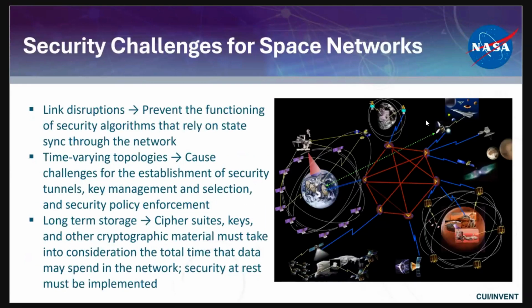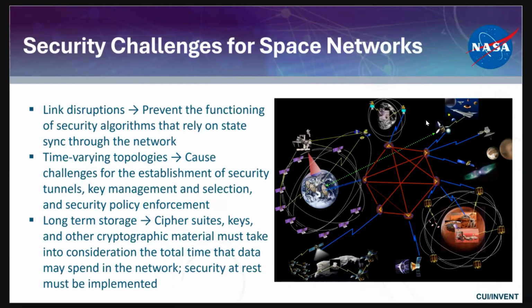This slide explains the main security challenges for these space networks. Link disruptions, when they partition the networks, prevent nodes in different partitions from synchronizing their information, and prevent the functioning of security algorithms that rely on state sync through the network.